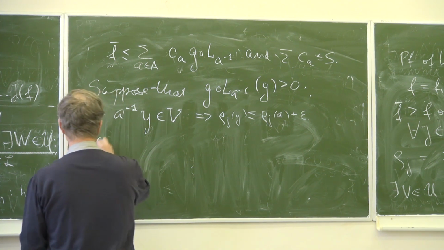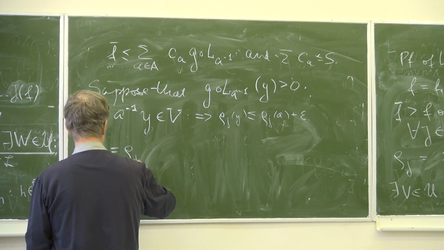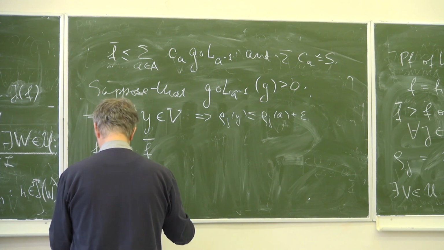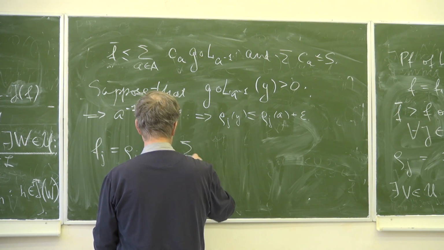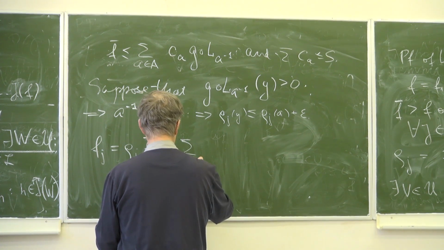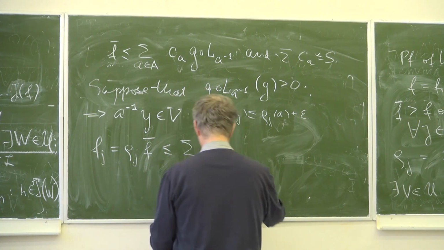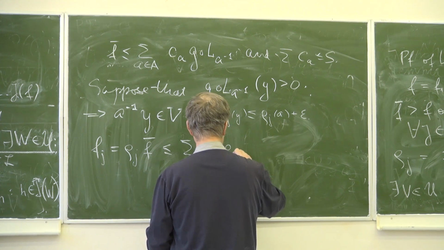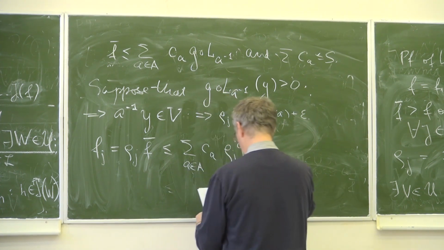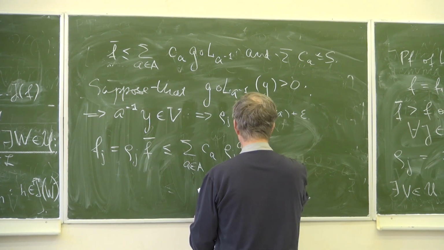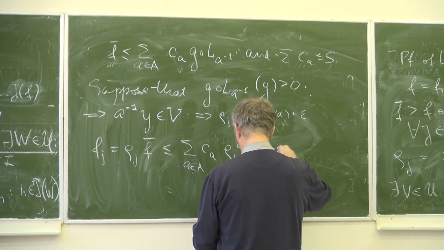Then we can write fj is equal to rho j f bar, and this is dominated by the sum of c_a rho j g composed with L_a to the power minus 1.